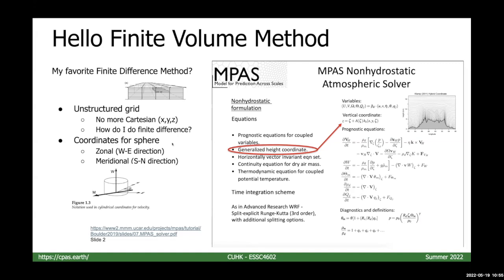So I have to introduce the coordinate system that we will be using, which will not be XYZ. We will use a zonal direction for any local point on the surface of the Earth, which means the west to east direction. And then the other direction is the meridional direction, which is along the south and north direction.